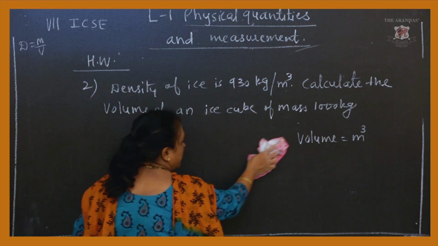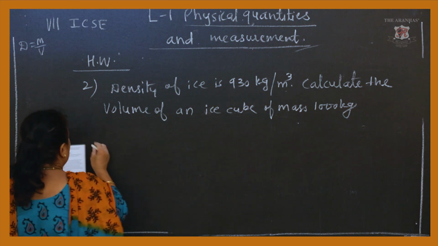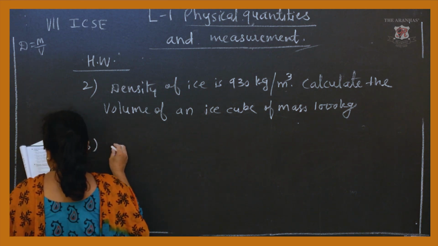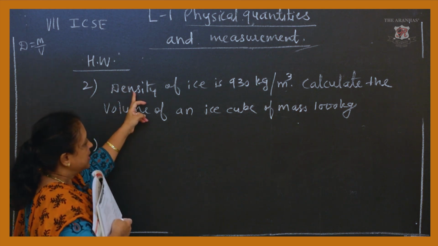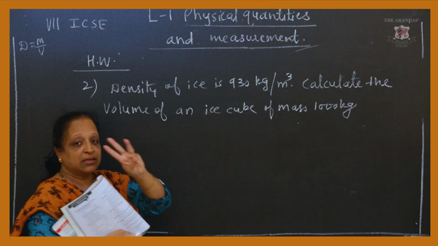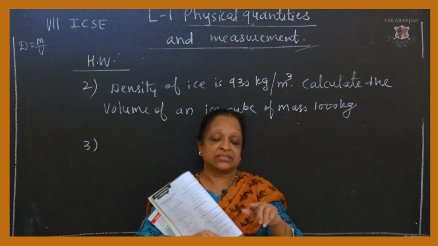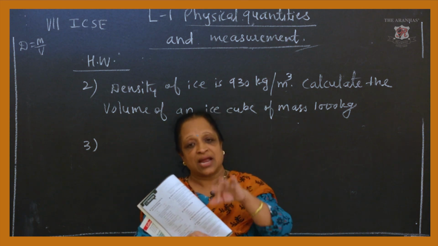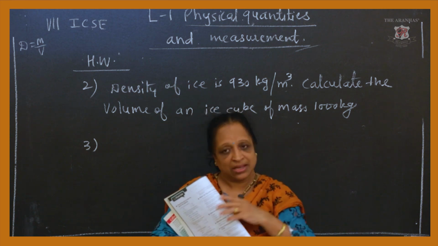For both the sums you make use of the formula density is equal to mass upon volume. Third sum. In the first sum we calculated density. In the second sum we are calculating volume, so obviously in the third sum we are calculating mass. So you will understand how mass, density and volume are calculated when any two things are given.